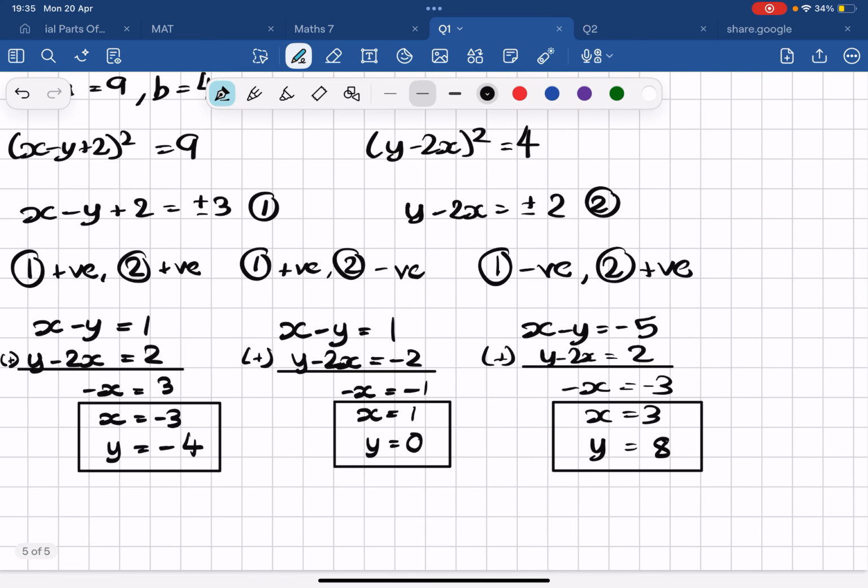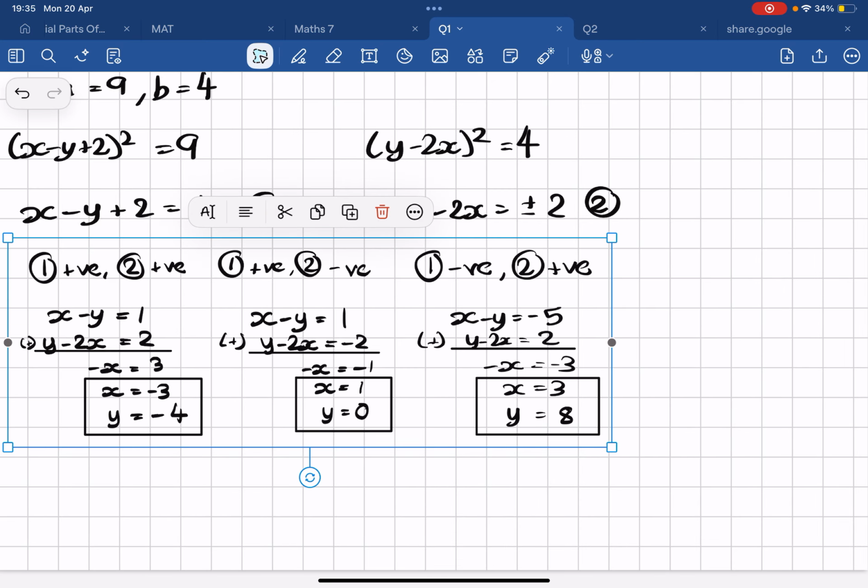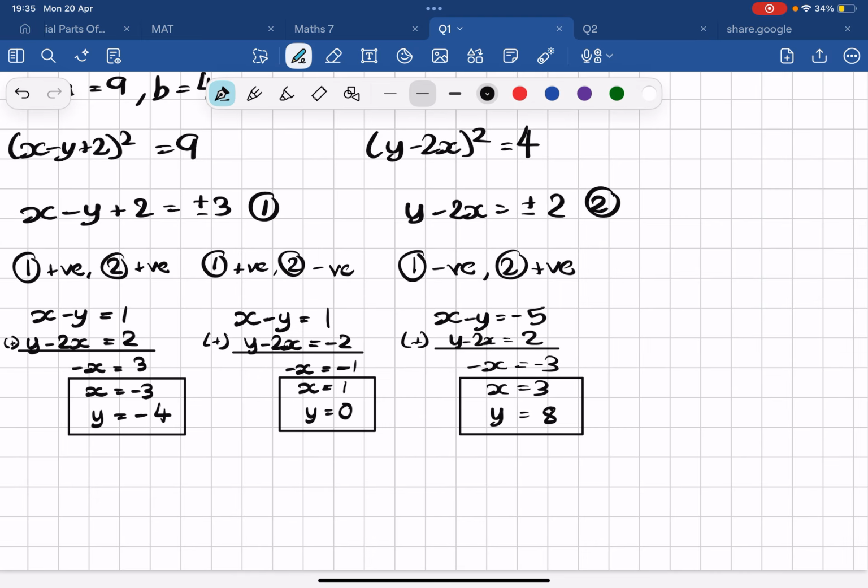Now, last case, let's just shrink this all. So we have when both our equations are negative. So we have x minus y equals minus 5. y minus 2x equals negative 2.